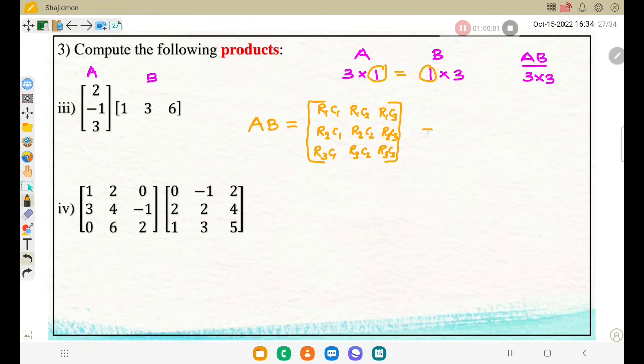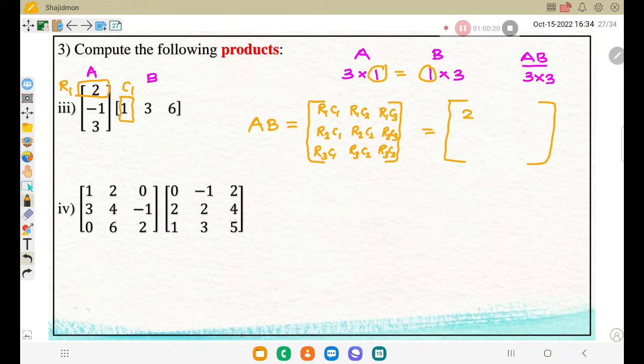Okay, now equal to the matrix. What is the first row? First row means 2, that is R1. First column means 1, C1, correct? So 2 multiply 1, only one number, so we can write just that number, 2.